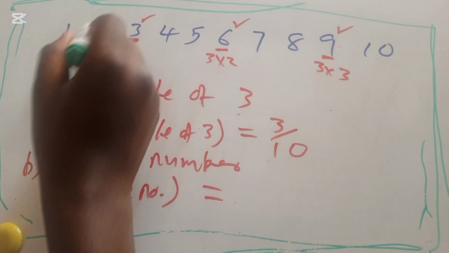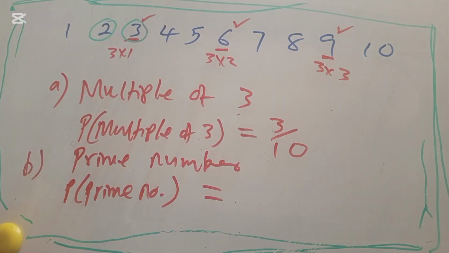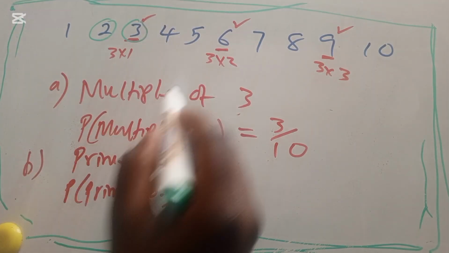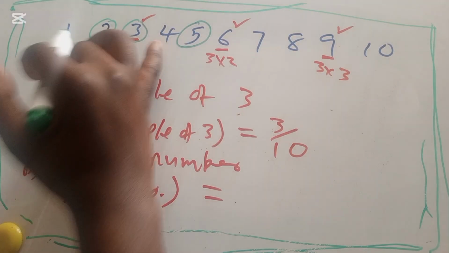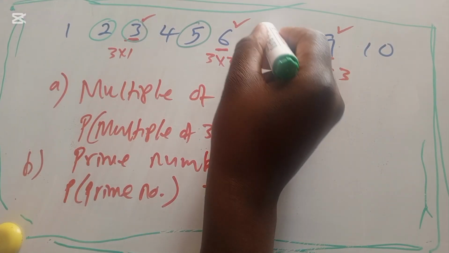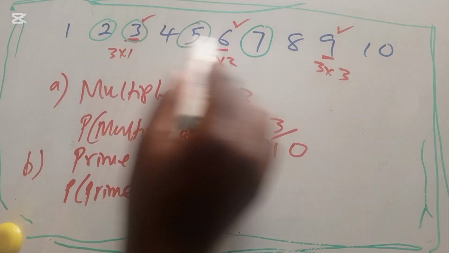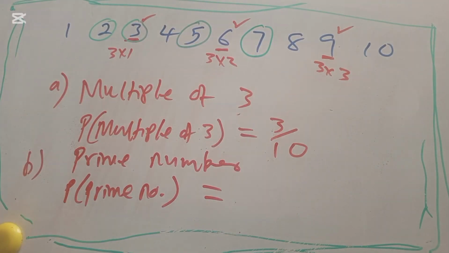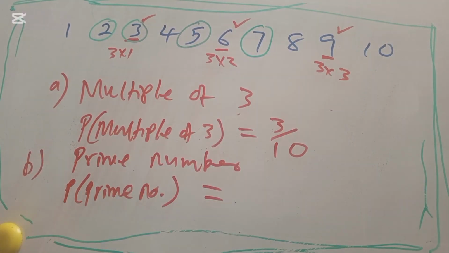So the first prime number is 2. The second prime number is 3. The third prime number is 5, because 4 you can divide by 2, so 4 is not a prime number. 6 you can divide by 3 and by 2. The other prime number is 7. You cannot divide it by any other number apart from 1. Number 8 is divisible by 4 and by 2. 9 is divisible by 3.